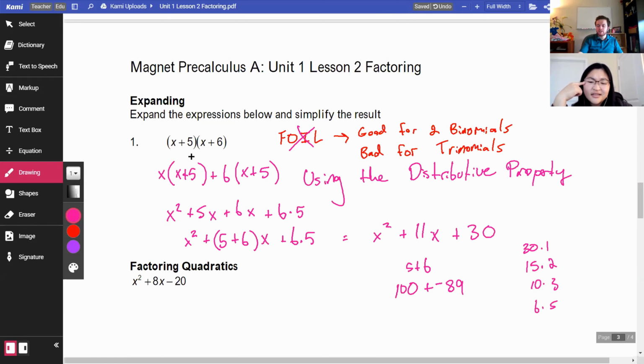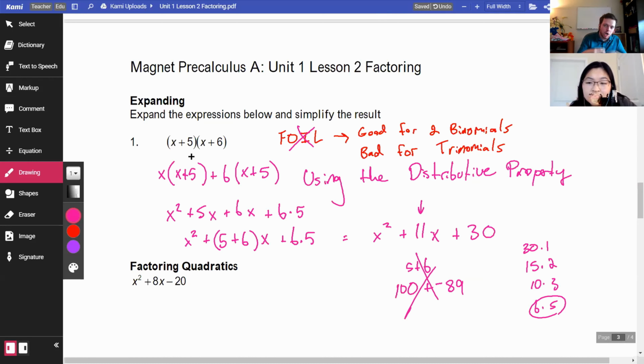Cool. All right, so there's a finite amount of things that multiply to 30, and an infinite amount of things that add to 11. So let's ignore this and look at these: 30 and 1, 15 and 2, 10 and 3, 6 and 5. And we want to use the 6 and the 5 because those sum to 11. This is why we look for two things that multiply to 30 that add to 11.